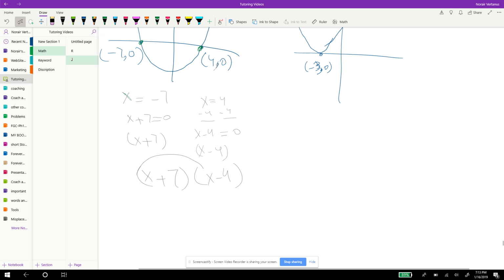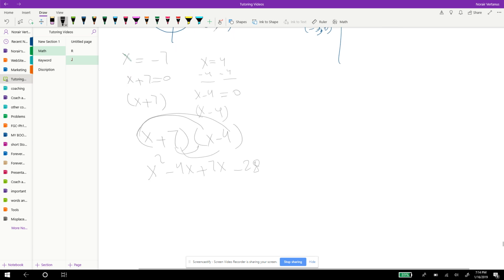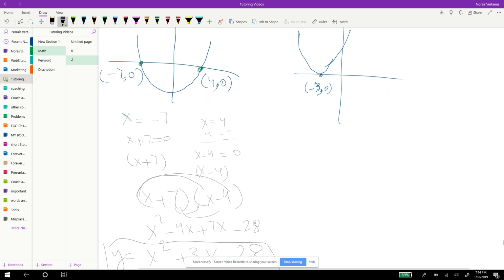So x times x is x squared, x times -4 is -4x, 7 times x is plus 7x, and 7 times -4 is -28. If you simplify it, that's going to be x squared plus 3x minus 28, and that's y equal to that. That's going to be one of the equations. We have it, right? That's b.